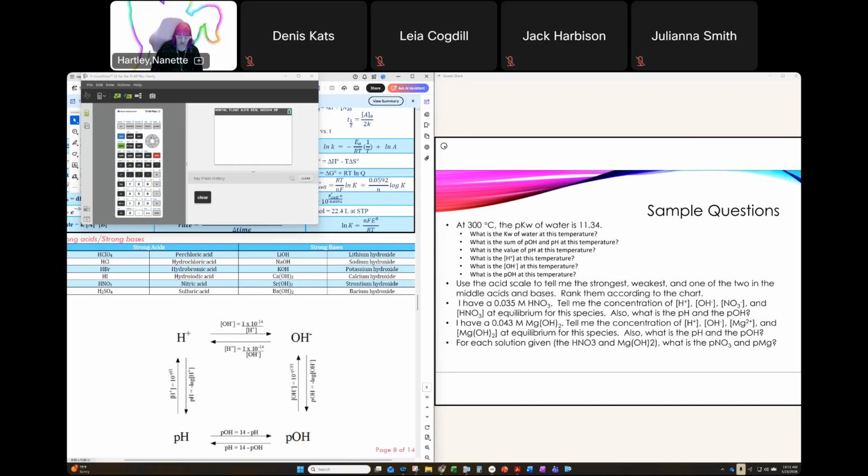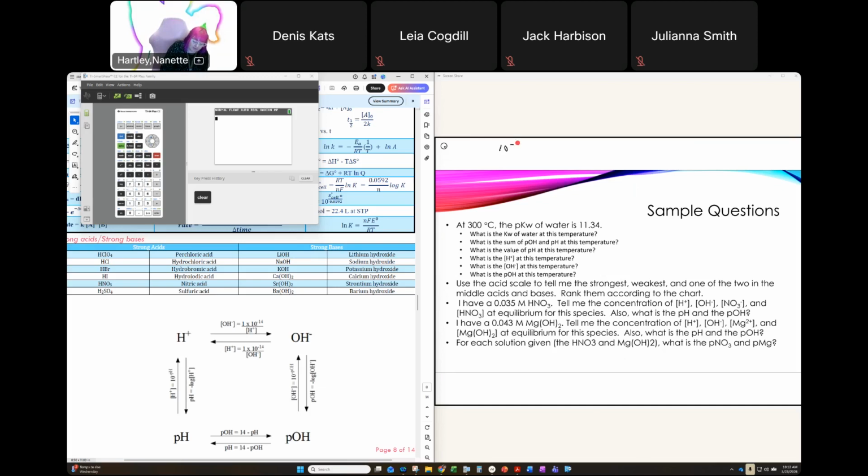All right. So let's start with: at 300 degrees, the pKw of water is 11.34. First question I ask you is, what is the Kw of water at this temperature? Well, if we think about the relationship between pH and pOH and all of the rest of that, we know that what happens when we go from the p-something to the non-p-something is to take 10 to the negative whatever it is.